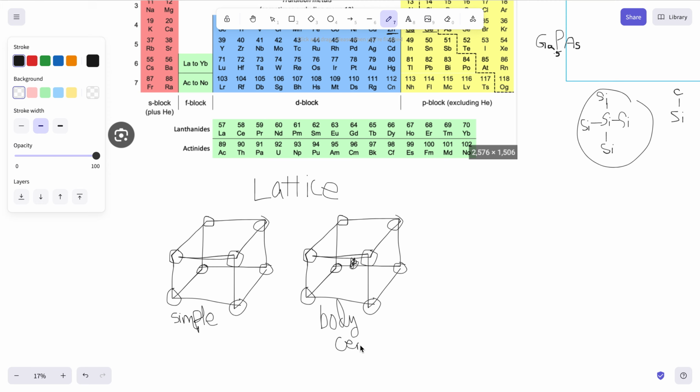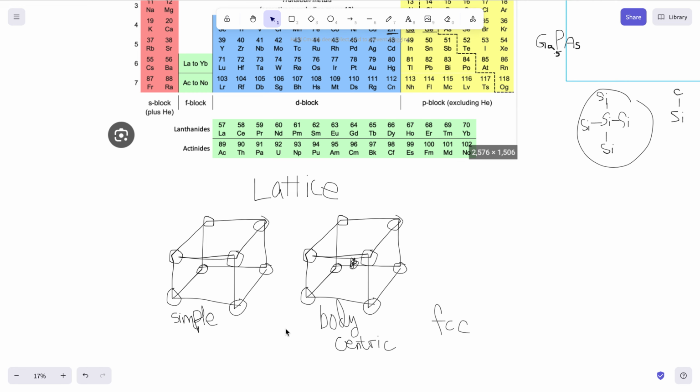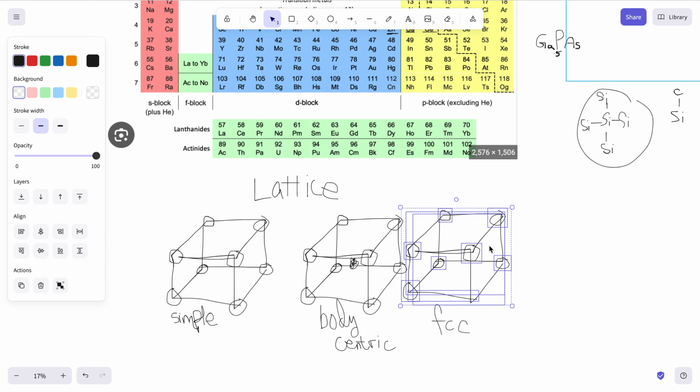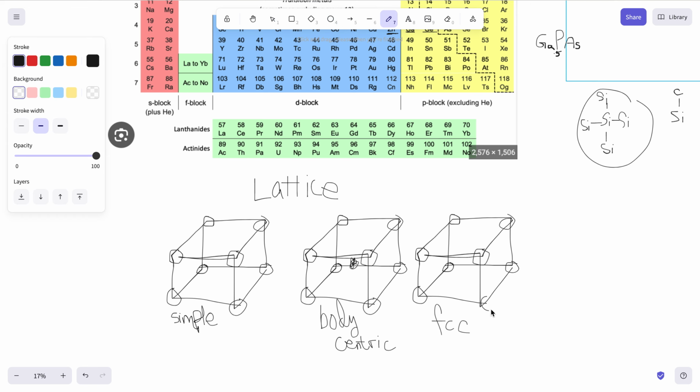And then third, we have face-centric cubic, or FCC, which again is kind of like simple cubic, except now every single face has an atom in the middle, like this. And up here and down here.